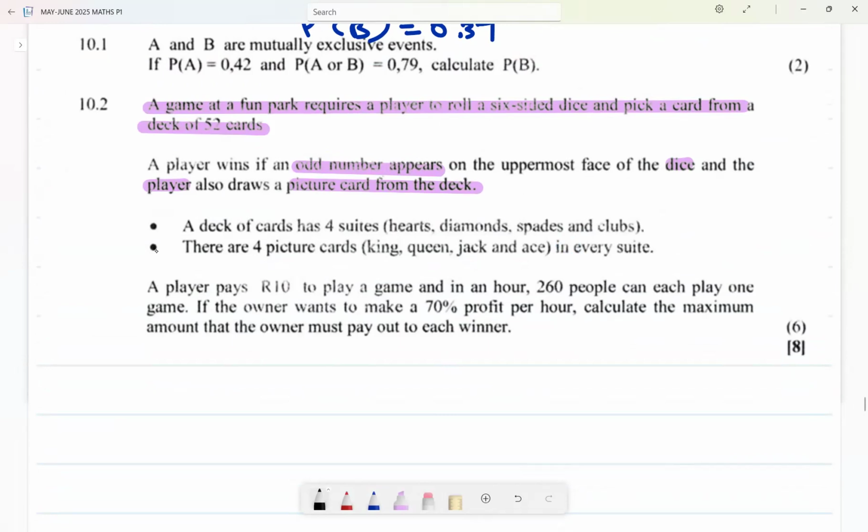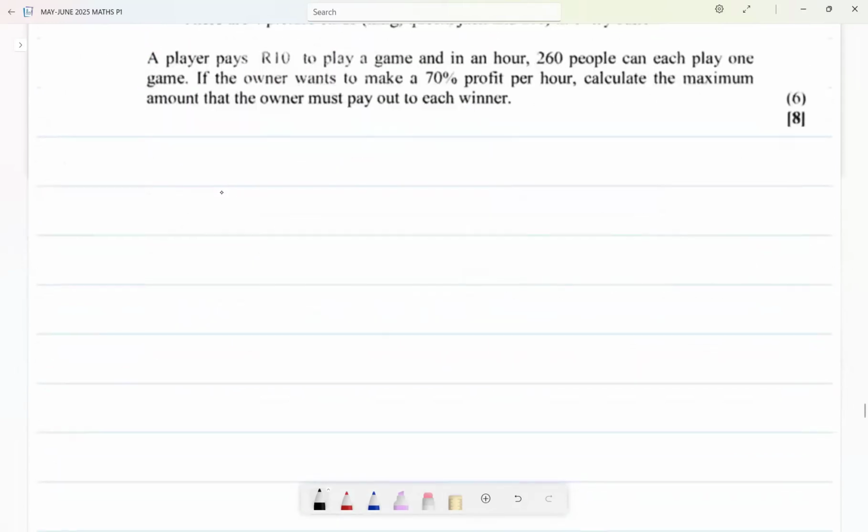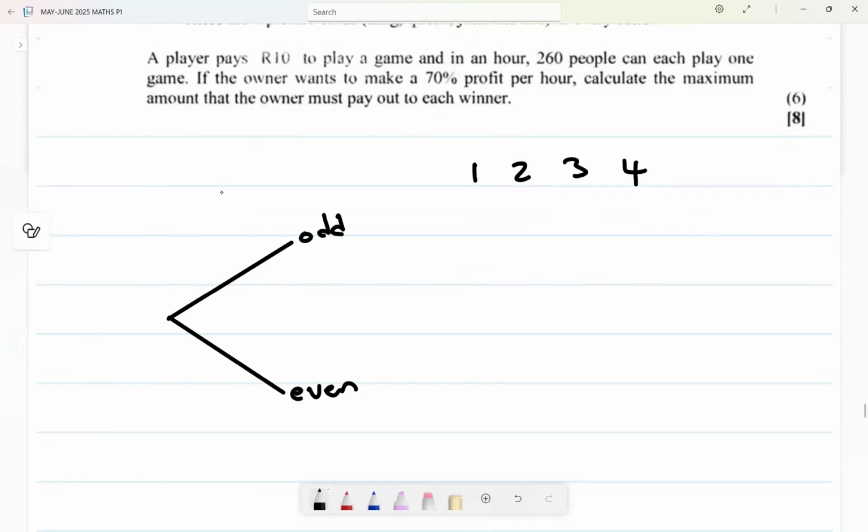So this is a tree diagram. When a player rolls a dice, it is either odd or even. Remember, a dice is made up of 6 numbers: 1, 2, 3, 4, 5, 6, of which 1, 3, 5 are odd.